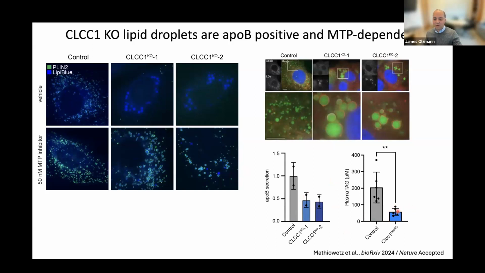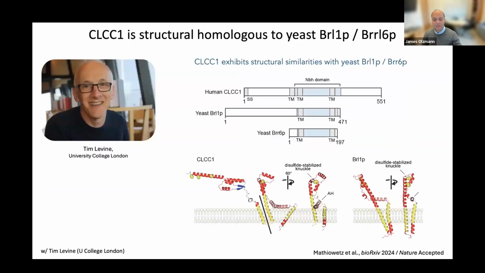This is just showing plasma triacylglycerol, but we've also quantified ApoB and VLDL, and these are all massively reduced in the mouse model. So we have defects in the lipoprotein pathway and a really huge, profound shift in flux of these neutral lipids away from cytoplasmic droplets into stored neutral lipids.